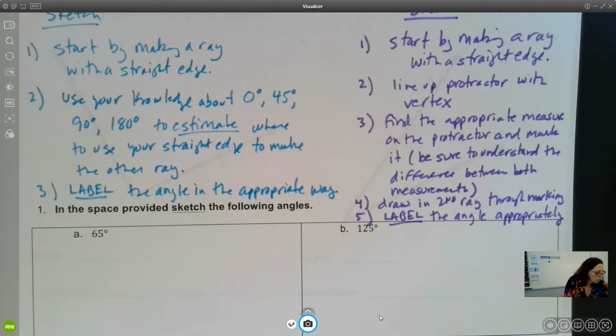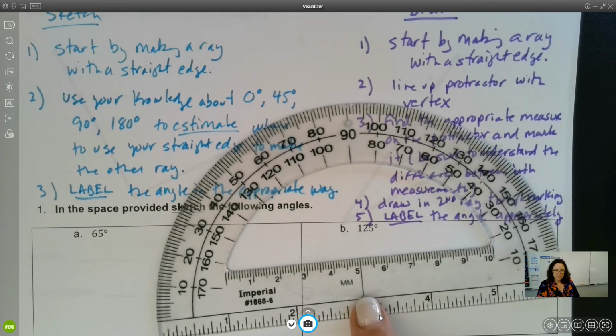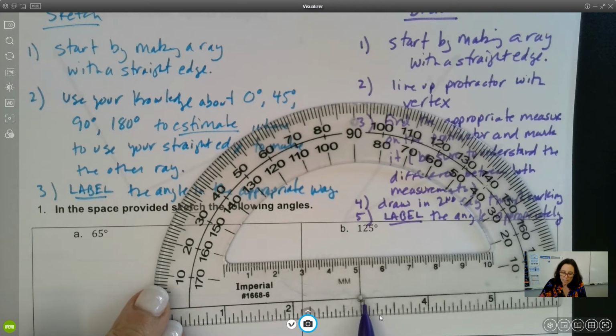Now this is a protractor, guys. Every protractor has a point where you line up the vertex. This one happens to have a hole in it. Some of them only have lines that meet, but don't have a physical hole.